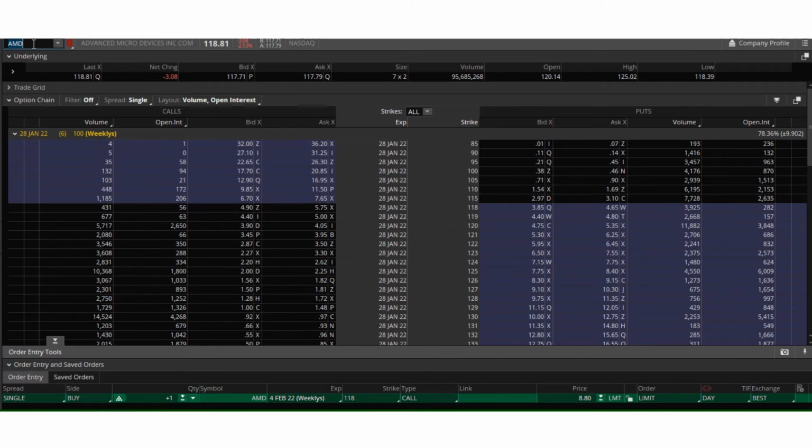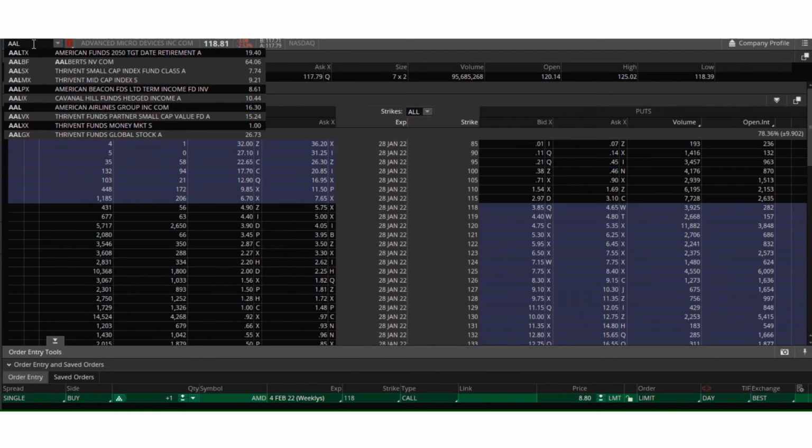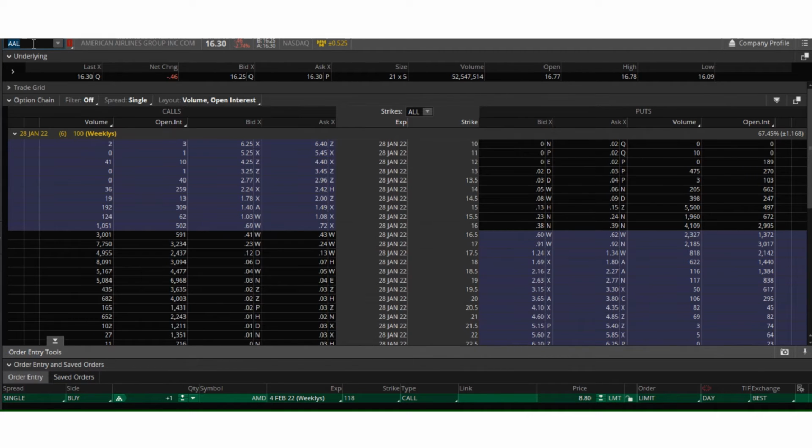Let's look at American Airlines. All right, it's 52 million. That's very high volume. Open interest is on the call side 502.